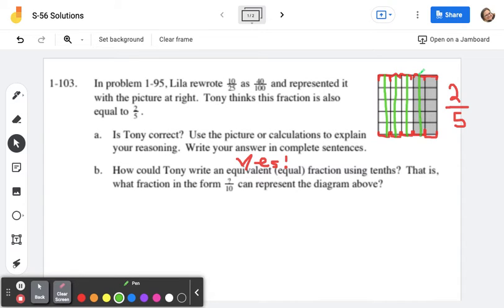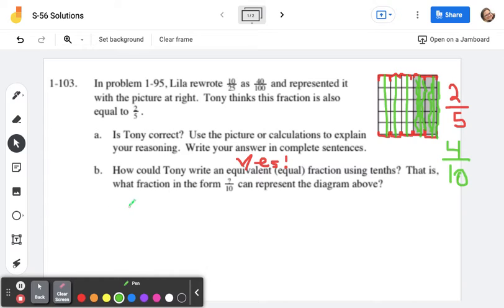So now I have 10 really skinny rectangles going down. So I have 10 total skinny long rectangles. And if I look here, I have this one is shaded and this one. So that's 2 of the 10. And this one is shaded and this one over here. So I have 4 total long skinny rectangles of the 10 shaded.